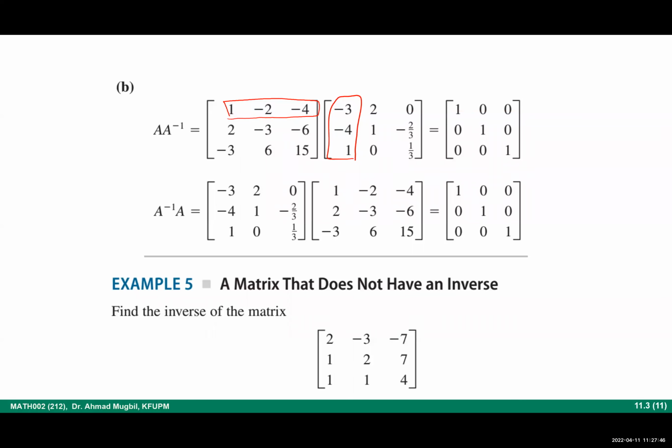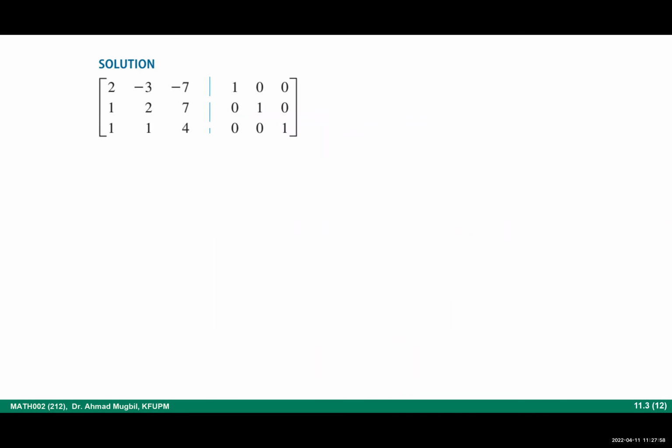But let's now see a special way here to show us if the matrix is invertible or not. What to do to find the inverse of this matrix? We will write the extended matrix, with the matrix on the left and the identity on the right. Then we will apply the elementary row operations.